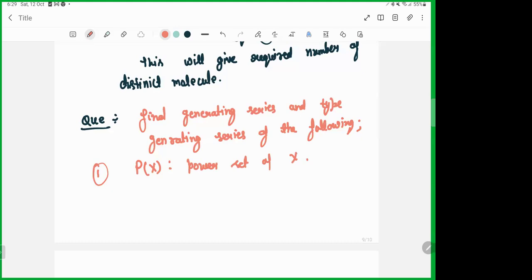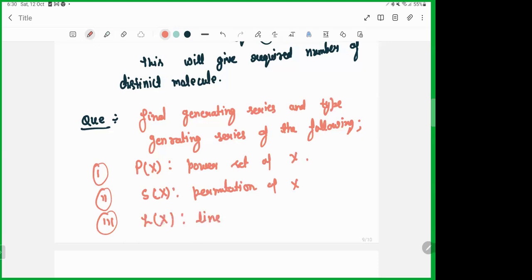The second one is permutations of X, S(X). The third one is linear orders of X. What is the notation? L(X), I guess.